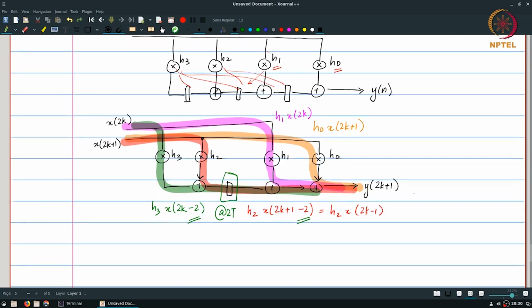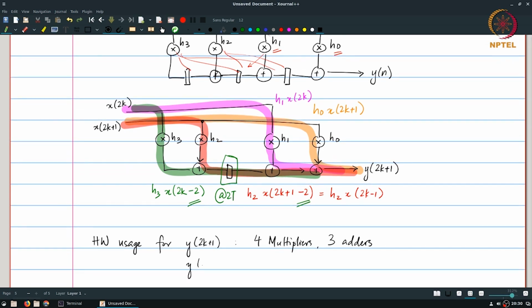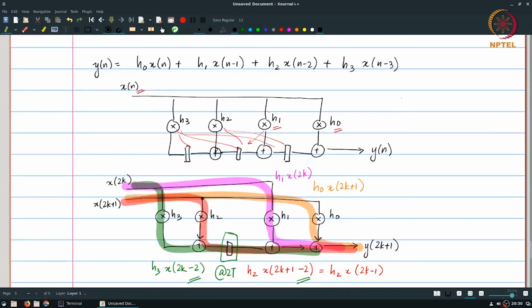Now, what's the hardware resource usage that we have over here? For y of 2k plus 1, I needed 4 multipliers and 3 adders. Similarly, for y of 2k, I will also need another 4 multipliers and 3 adders. What was my original usage over here?